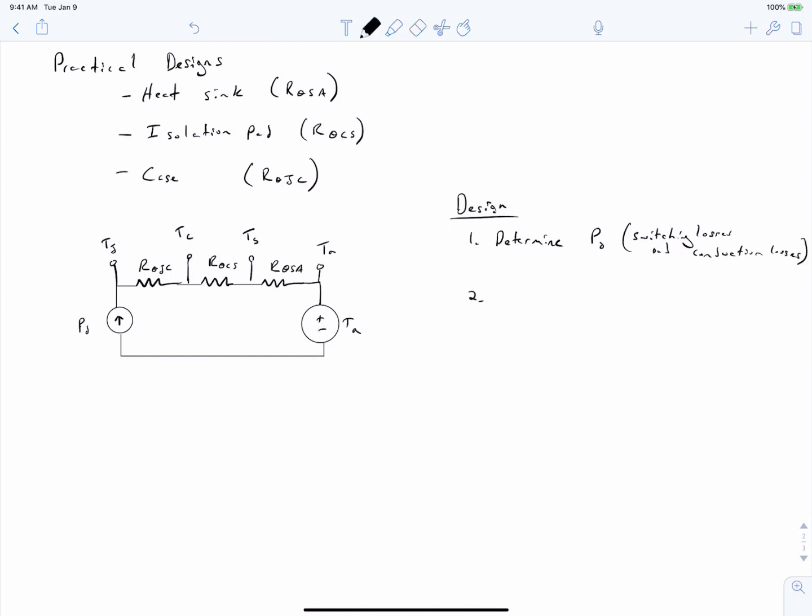Second, you go back to the datasheet and you use the value of your junction to case thermal impedance and your design spec for an ambient temperature to determine what you need for R theta case to sink and R theta sink to ambient. And then you go use DigiKey and you select a heat sink that is within that maximum value, an isolation pad, and probably thermal paste.